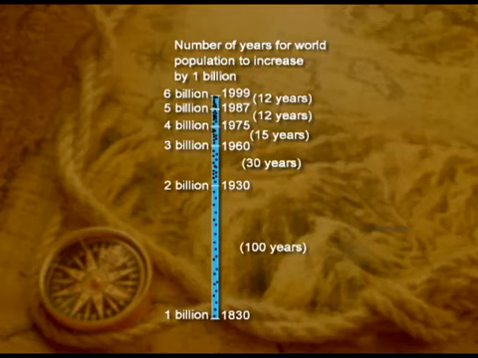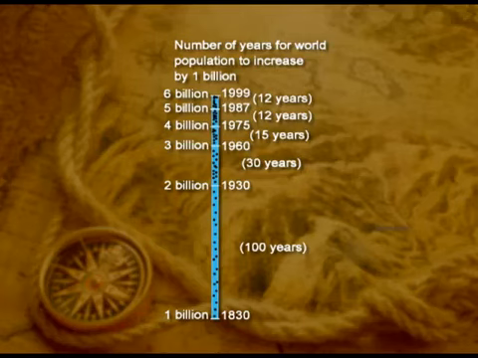This graph shows us that the period from 1830 to 1890, the world population grew from 1 billion to 2 billion. Say, the period of 100 years, the population grew by just 1 billion. Then the doubling time reduced.